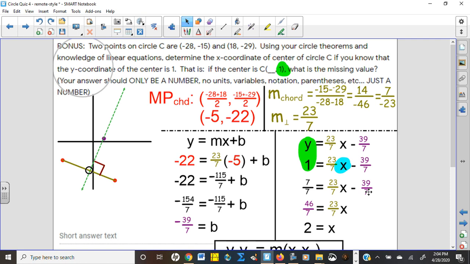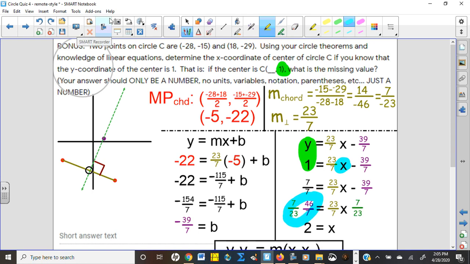I would have to add the 39/7 to the other side, and then probably multiply by the reciprocal, right? The reciprocal of 23/7 is 7/23. And the nice thing here is these 7s cancel, and you just get 46 over 23. And that turns out to be exactly 2. So that's kind of nice.